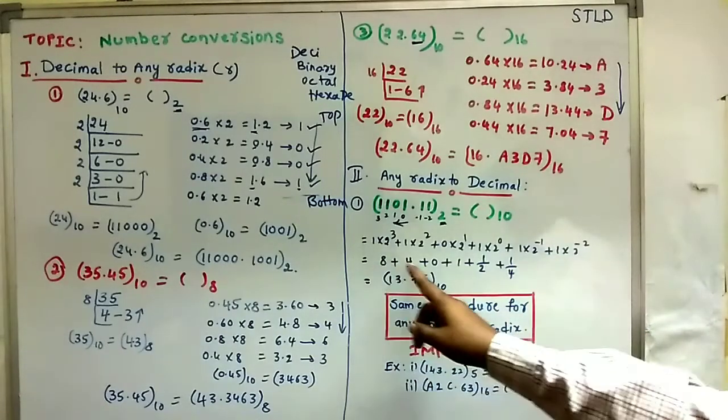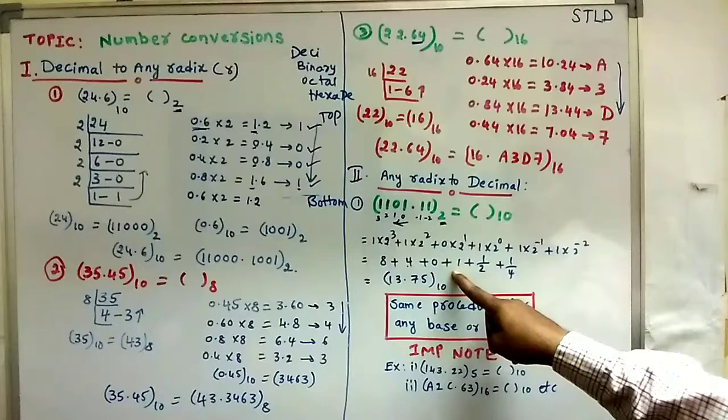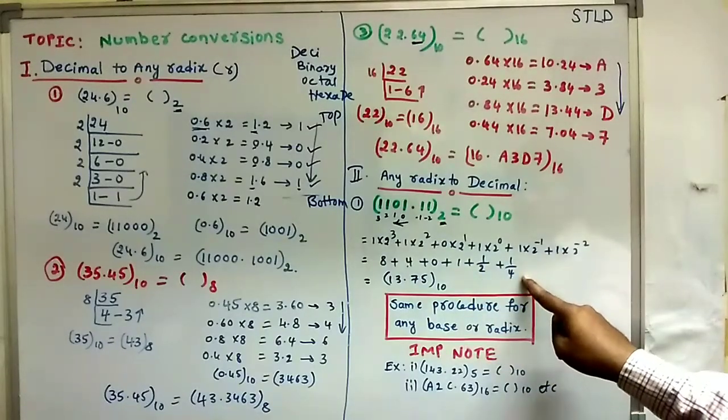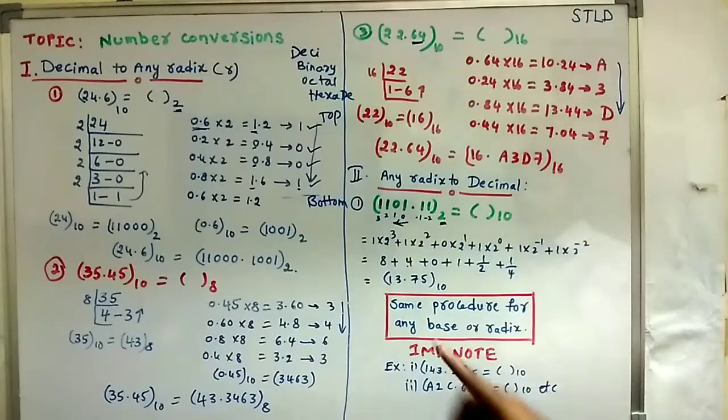Simplify that: 8 plus 4, 12, 12 plus 1, 13, plus 1 by 2 is 0.5 and this is 0.25. 0.5 plus 0.25, 0.75. So 13.75 base 10.